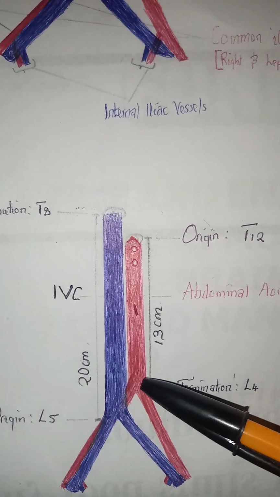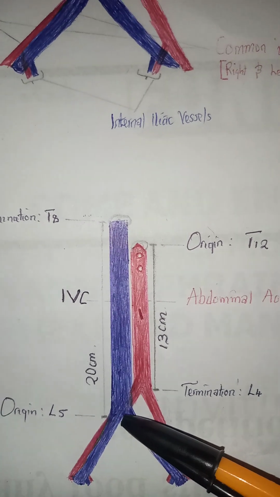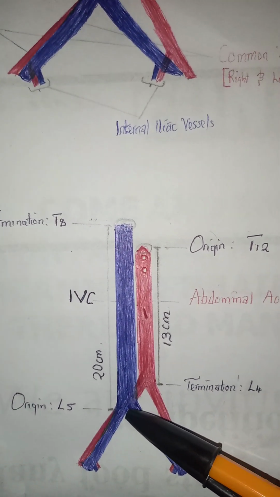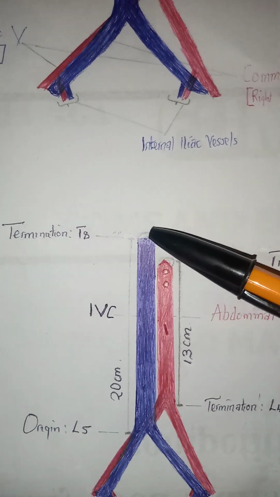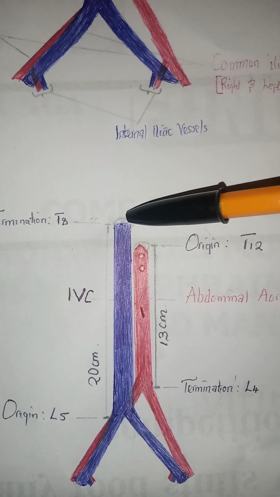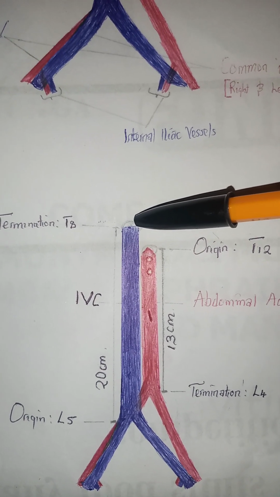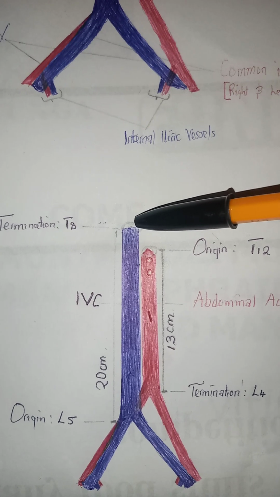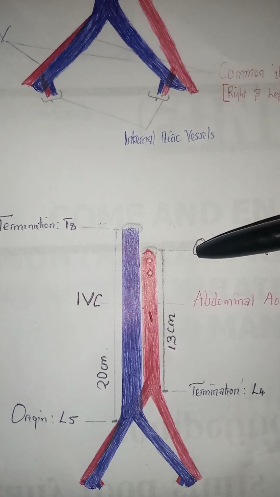You can see here, this one is at the level of L4, this one is at the level of L5. Then in terms of the termination, this one terminates 4 vertebral levels superior to the origin of the abdominal aorta.